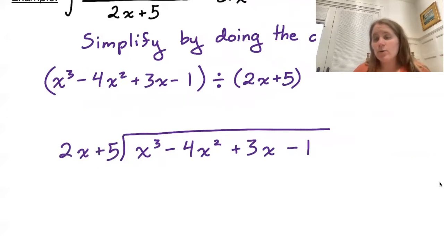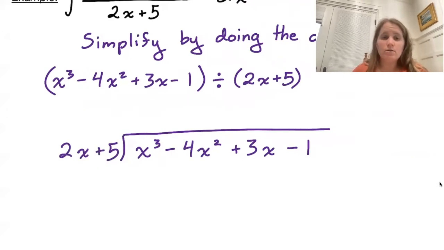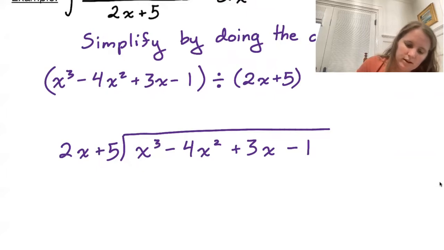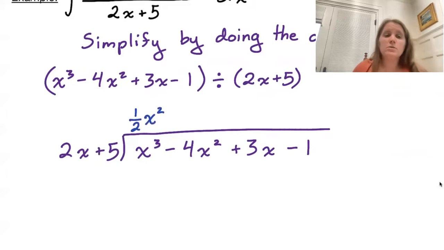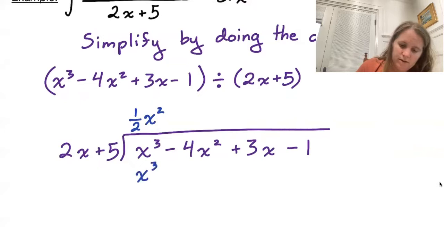We are just going to focus on the first term when we do the division step. So 2x times what equals x cubed? That would be 1/2 x squared, or in other words, x cubed divided by 2x is 1/2 x squared. Multiplication step, 1/2 x squared times 2x is x cubed.